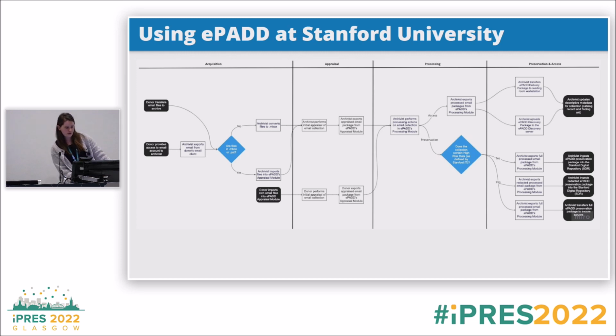Okay, so we've been collecting and processing email at Stanford for about the last decade or so, and we have really empowered our curators to collect email as part of their collecting process, and they do. We get email pretty regularly with collections, and it can come to us in a variety of ways.